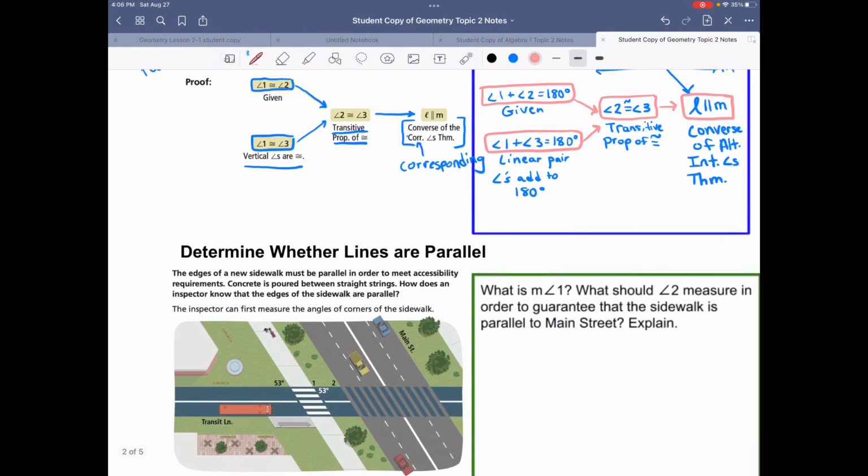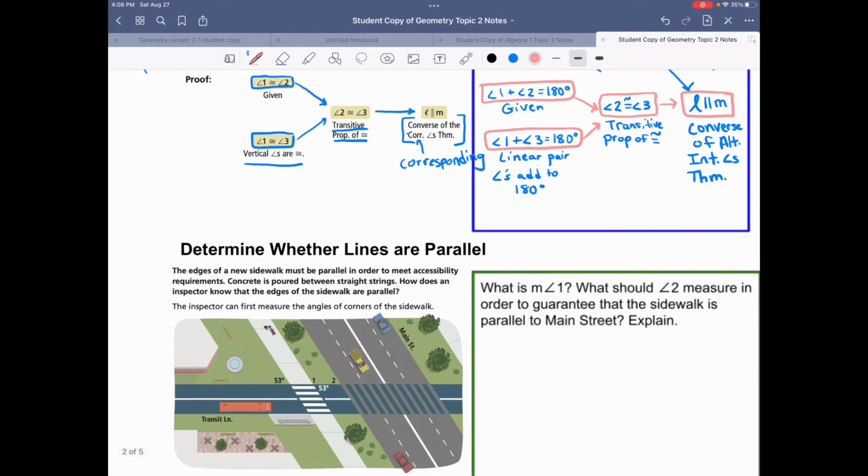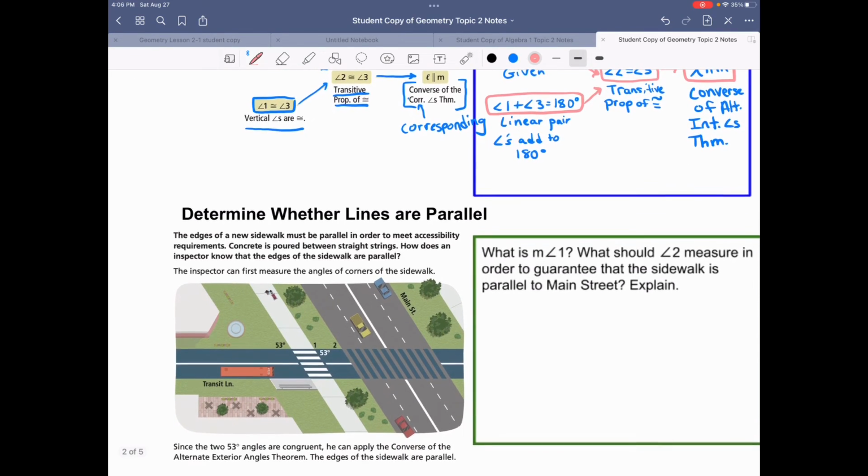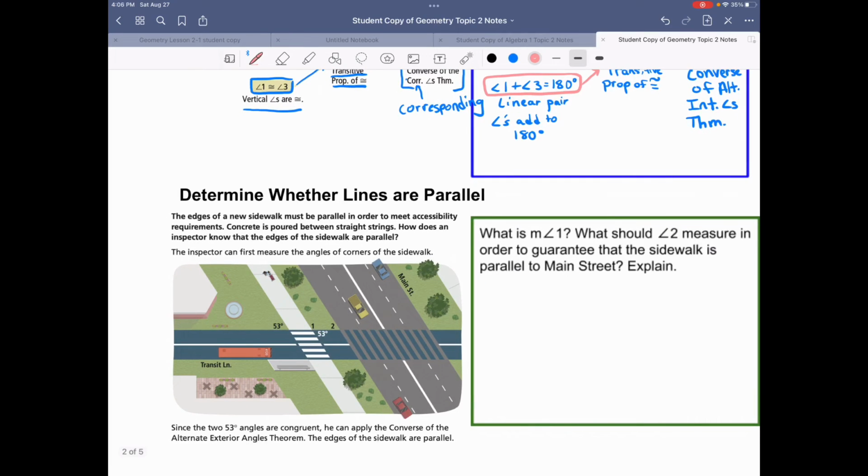The inspector can first measure the angles of corners of the sidewalk. Okay, so looking at this picture, since the two 53-degree angles are congruent, he can apply, so let's find those. Right here is 53 degrees, and right here is 53 degrees. And since they're congruent, he can apply the converse of the alternate exterior angles theorem to show that the edges of the sidewalk are parallel, right?